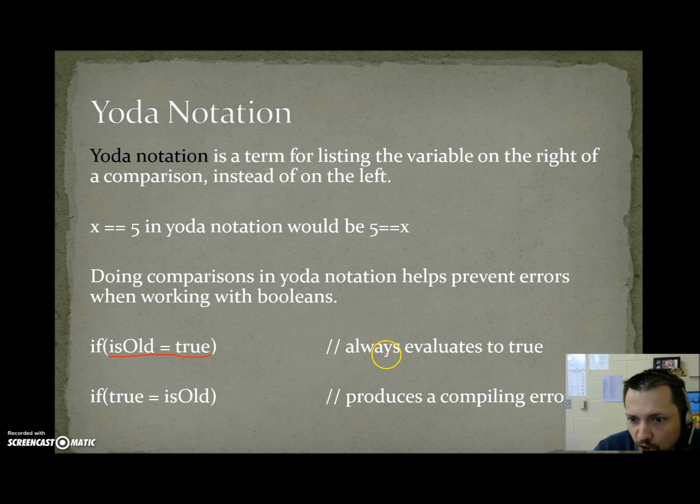So this if always evaluates to true. This is not a compile error in your program. You had meant to do two equals, but it's going to behave funny because it's always going to do the if, even when old is false, because it'll change old to be true, then evaluate old, which is true, and it will say, oh, I have a true condition.